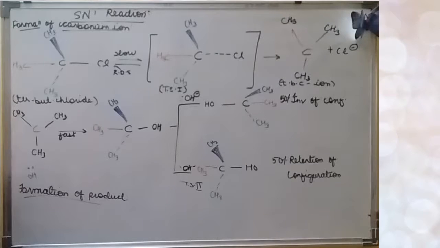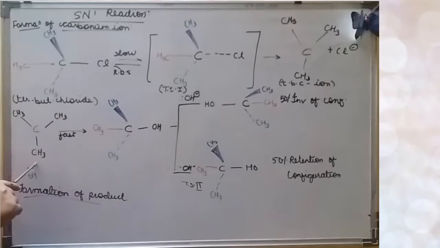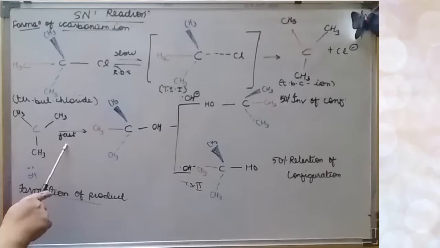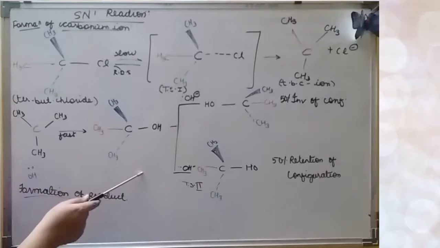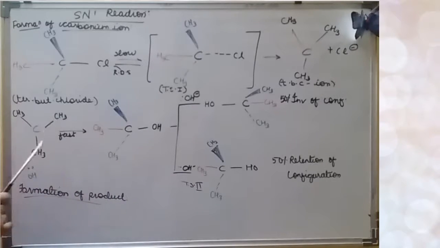Now we come to the second step where there is formation of product. Here the same tertiary butyl carbonium ion is taken and a fast step is undergone where in the transition state OH group can attack this carbonium ion. But there are two possibilities.